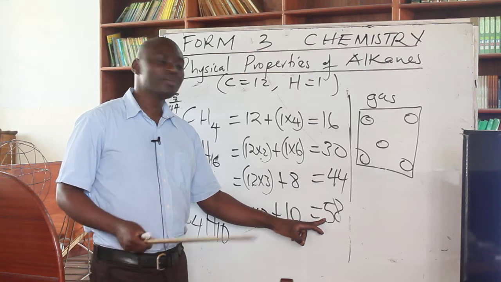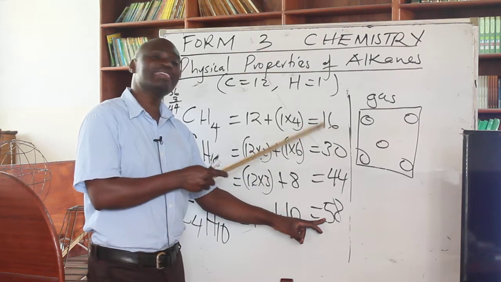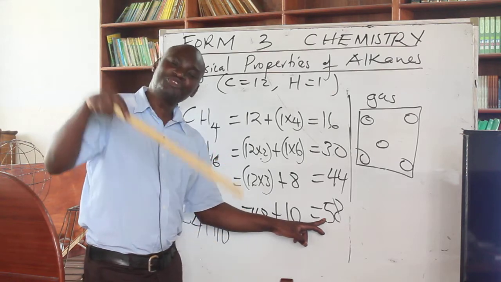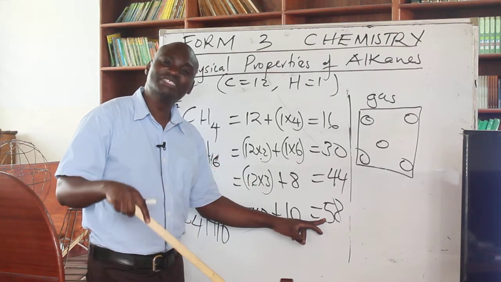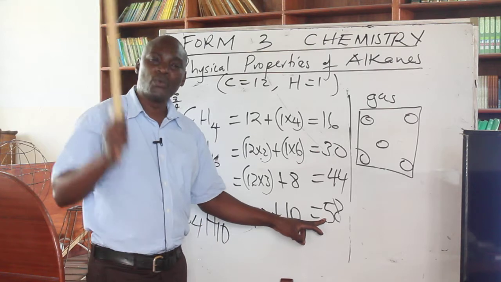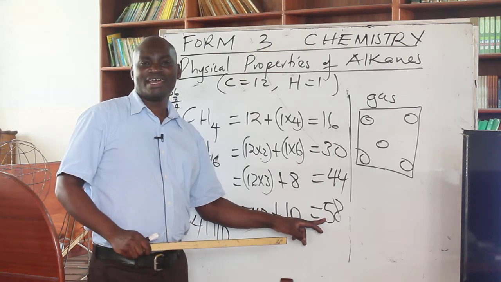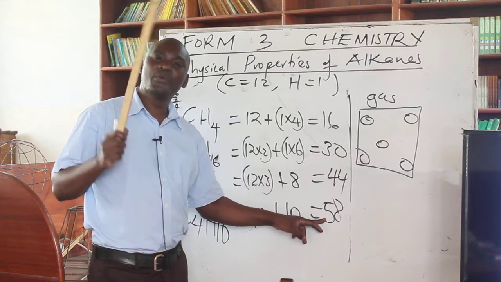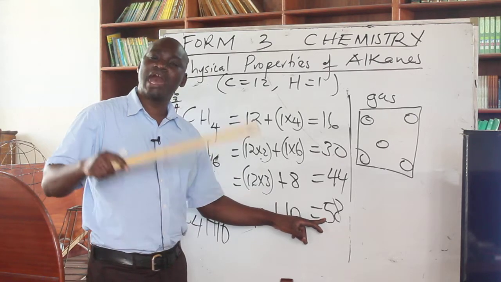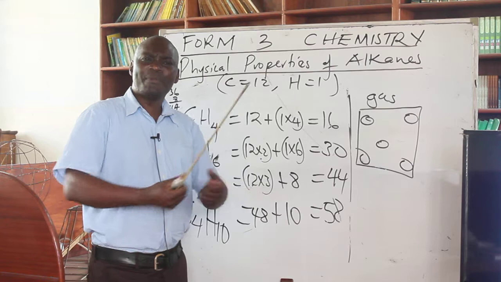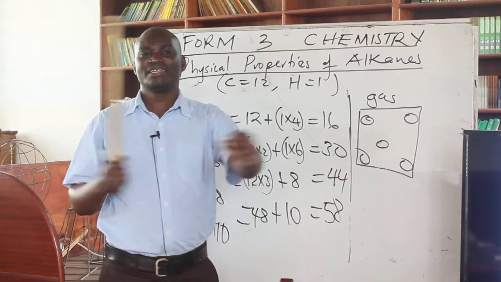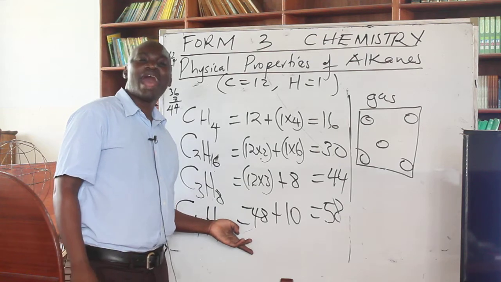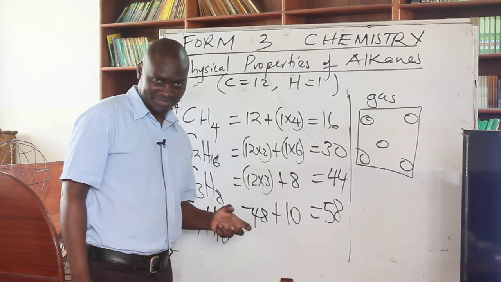We have seen that when the molecular masses are smaller, the strength of the van der Waals forces is also very weak. And because the forces of attraction are very weak, the particles are free to move. And therefore, these substances occur as gases.